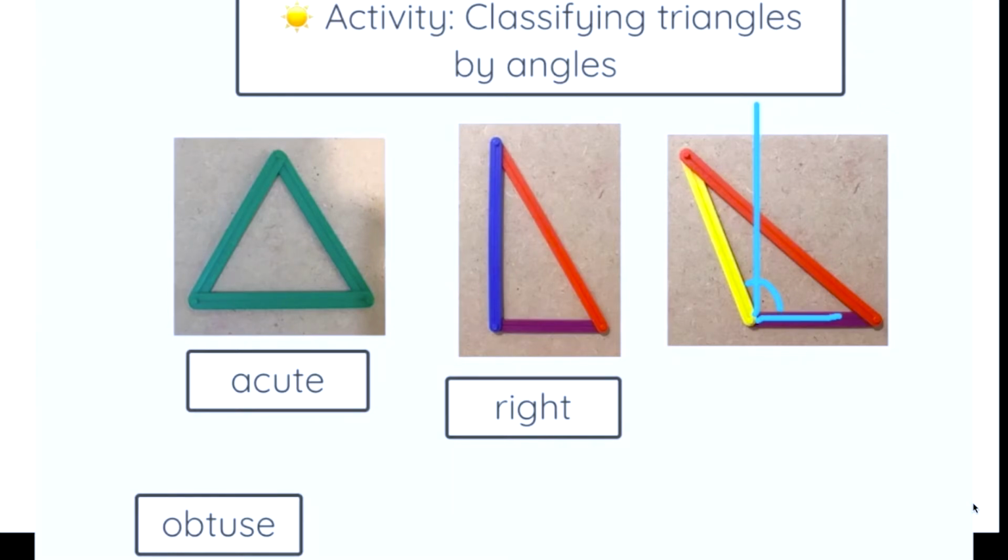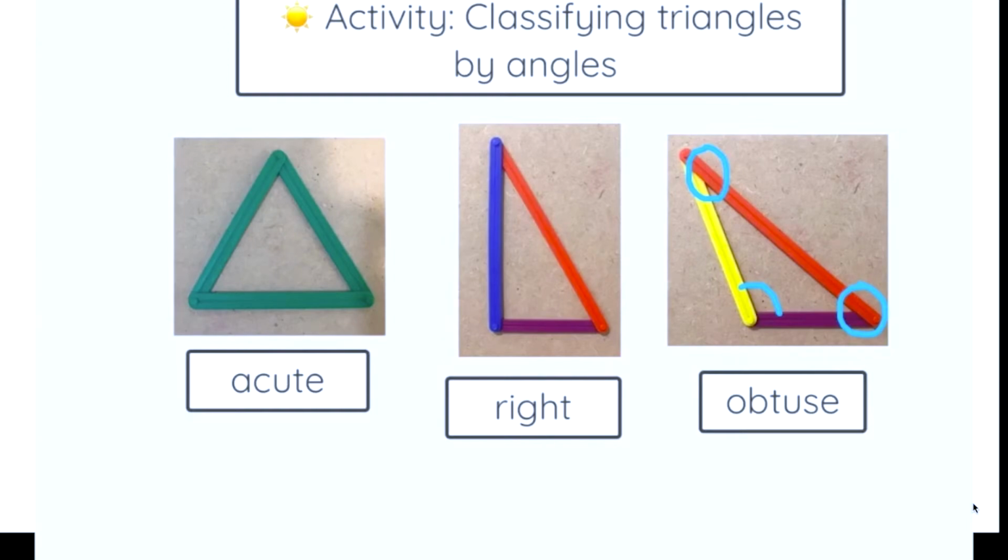And then this yellow ray, or this yellow line, goes outside of that 90-degree mark, so you know that it's larger. So our obtuse angle is here, and that's what we're going to name our triangle after. And the other two angles in an obtuse triangle are also acute. They have to be less than our obtuse angle because that's what we named our triangle after, and they are both less than 90 degrees.